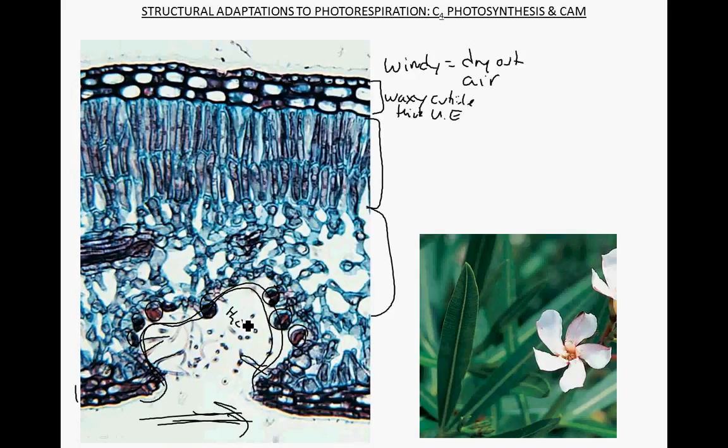The moisture is in there. It's not as dry. And so the stomata then are able to remain a little bit open. So this is kind of like a little harbor, away from where the wind is. And this is a Nerium oleander leaf here. And so this is a cross-section through this oleander leaf.